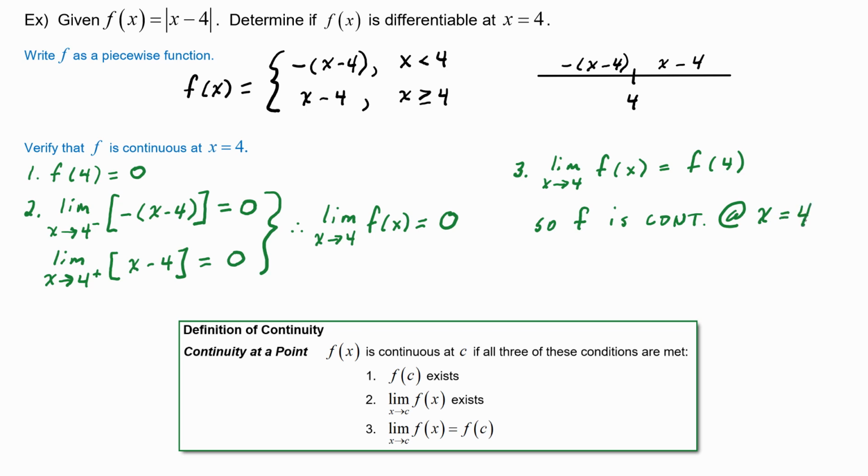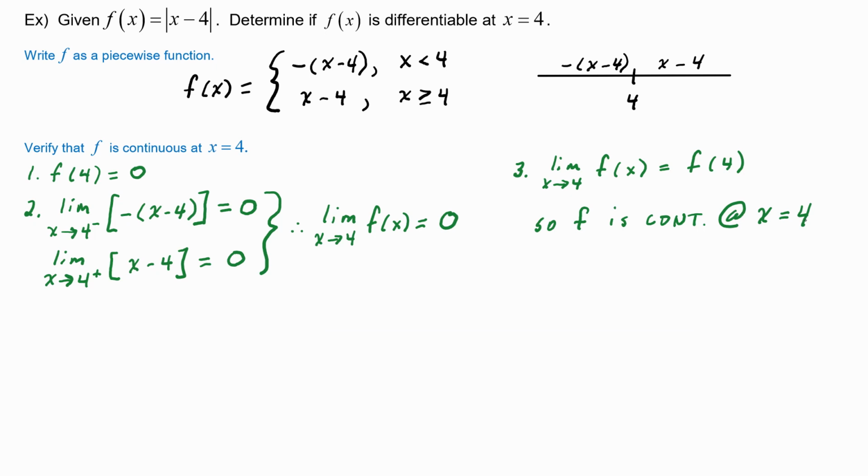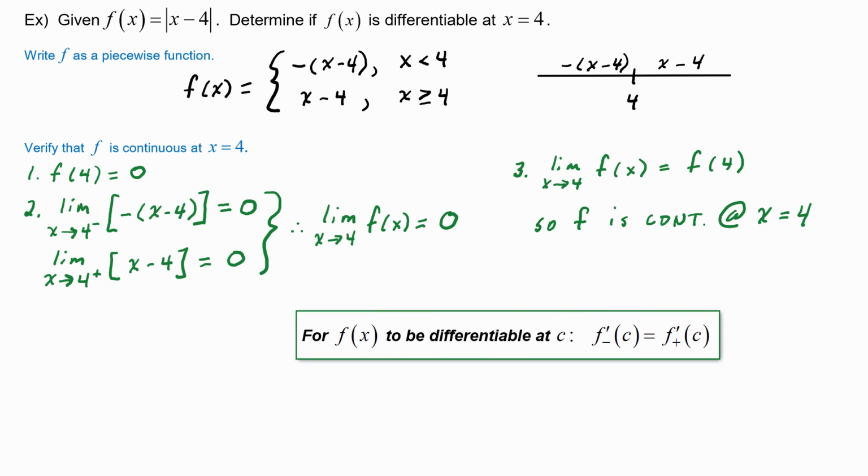So far, so good. Because if this had turned out to be not continuous, we would immediately say, therefore, not differentiable. Now, we just learned that for f to be differentiable at c, we need the derivative from the left to equal the derivative from the right.